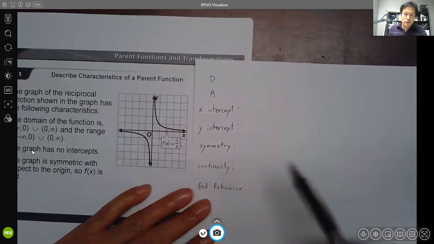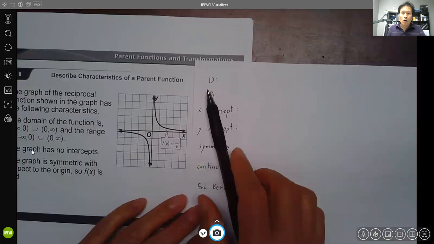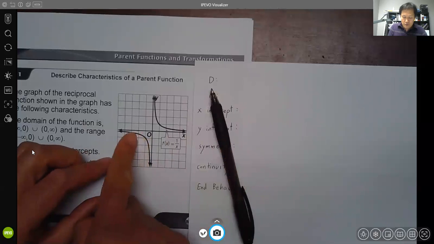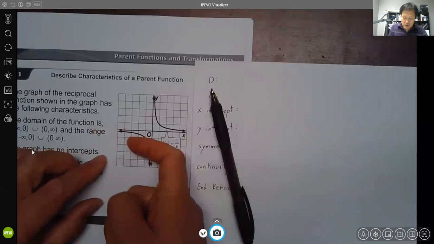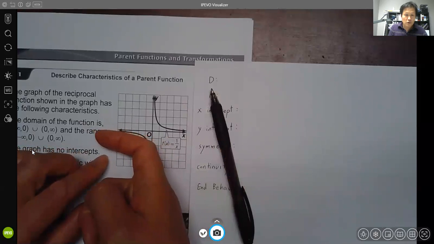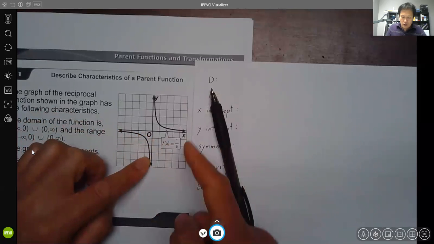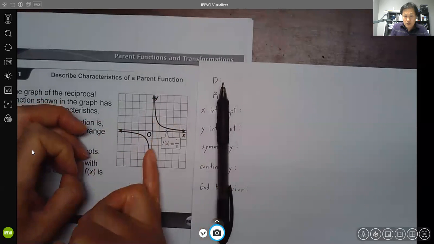Given a graph like that, domain means all possible x values. So you're looking at how far to the left the graph reaches. Do you see this arrow here? It keeps going to the left forever. It covers everywhere to the right, except right here.